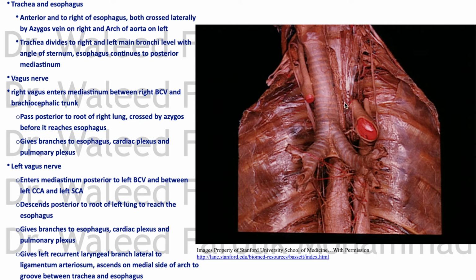And both trachea and esophagus are crossed laterally on the right side by the azygos vein and on the left side by the arch of the aorta. It divides into right and left main bronchi, level with a plane passing through the angle of Lewis.